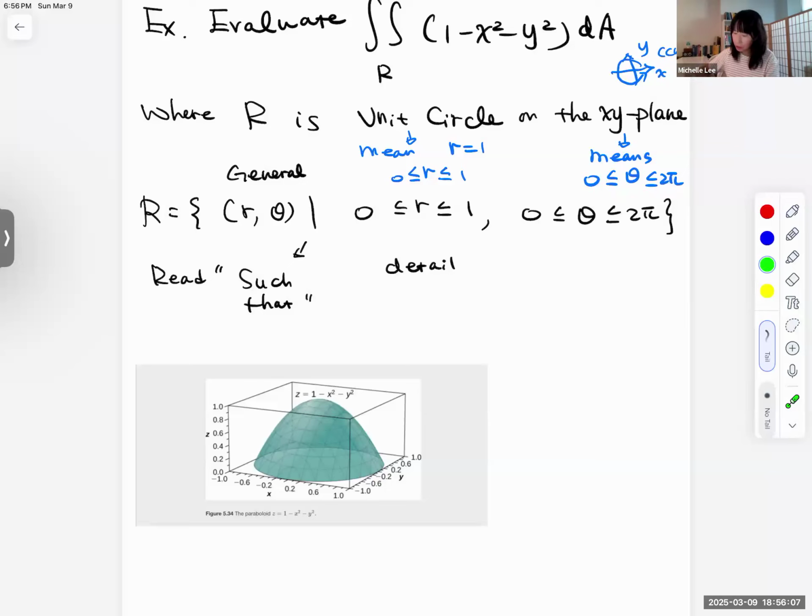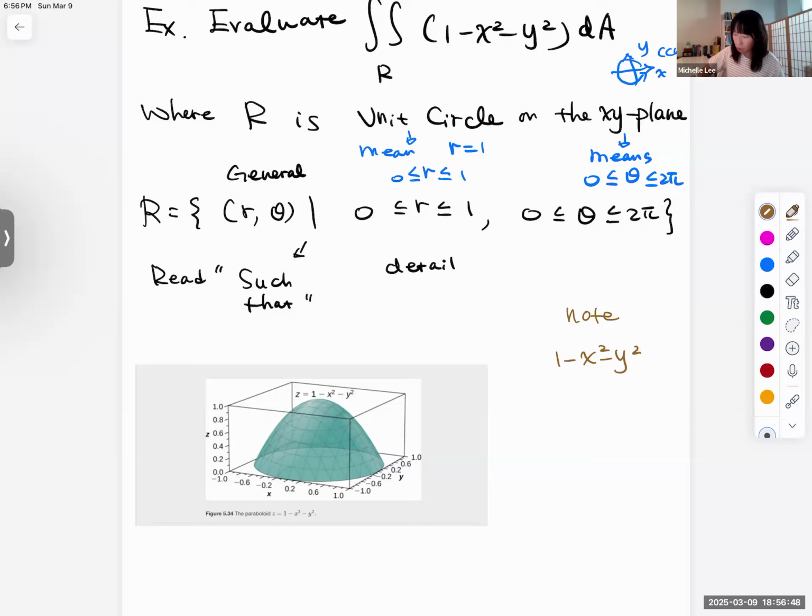So I got a picture here, nice picture, paraboloid, right? Okay, now let's take a look at this one. The function 1 minus x squared minus y squared, right? So let's make 1 minus x squared minus y squared. Okay. We had experience from Calculus 2 and the earlier section 2.7, the cylindrical, spherical coordinates, right?